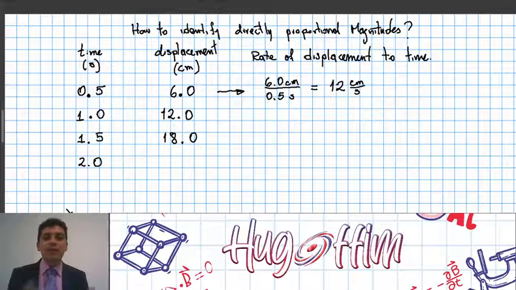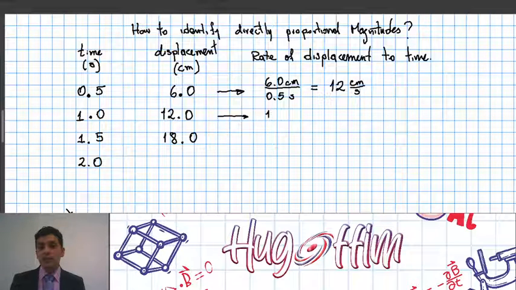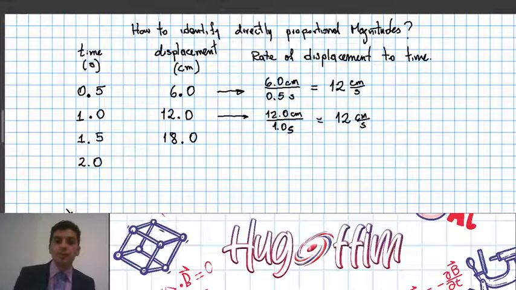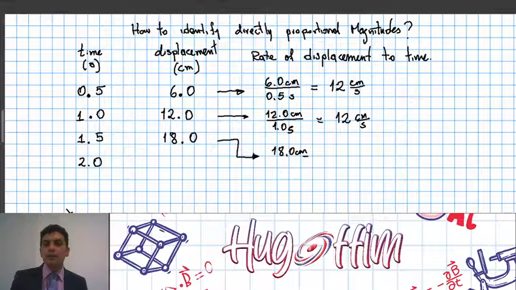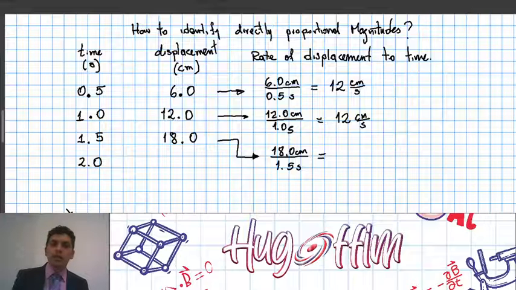What will be the rate of 12 centimeters to 1 second? It's going to give you 12 centimeters per second. And for the next value, you get 18 centimeters over 1.5 seconds, which is 12 centimeters per second.